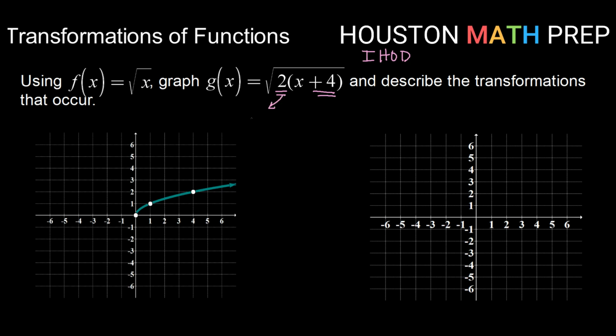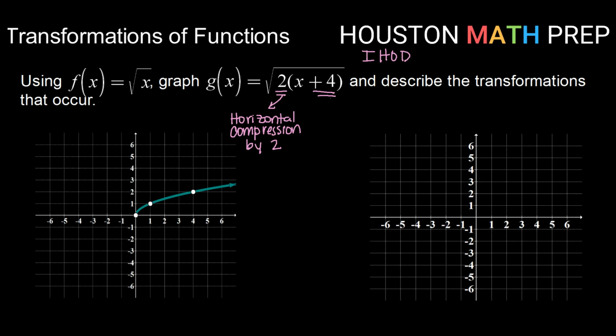So a 2 multiplier, I know that multipliers make compressions or expansions. So this is going to be a horizontal. Well, let's see. When I multiply by 2, I normally think of it getting bigger. So if this is opposite, this is actually going to get smaller or be a compression. So that's going to be a horizontal compression by 2.